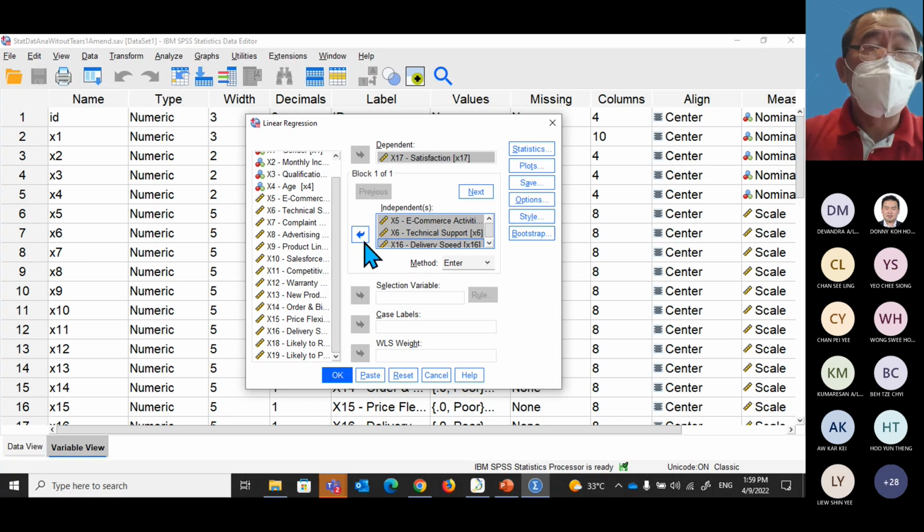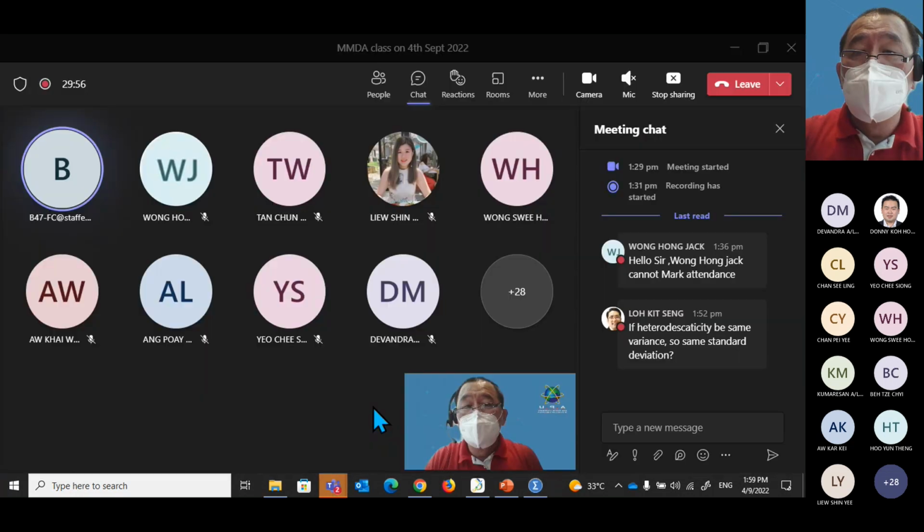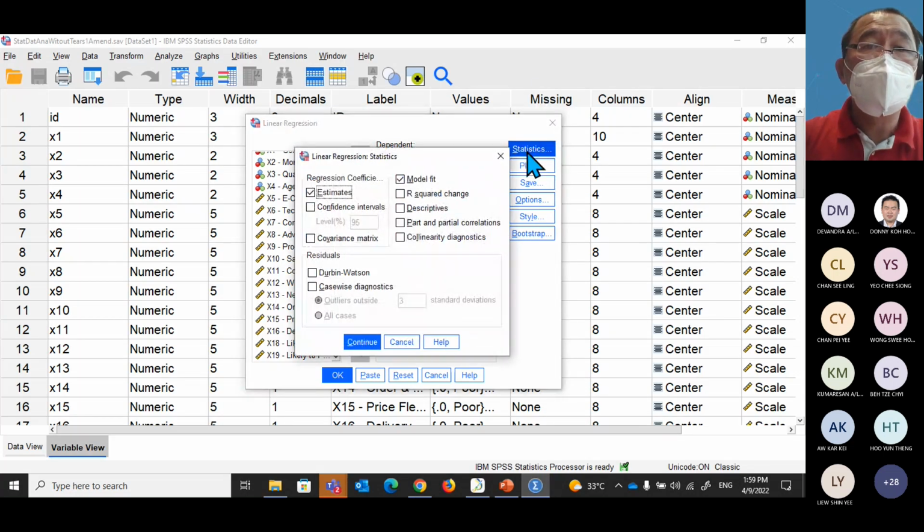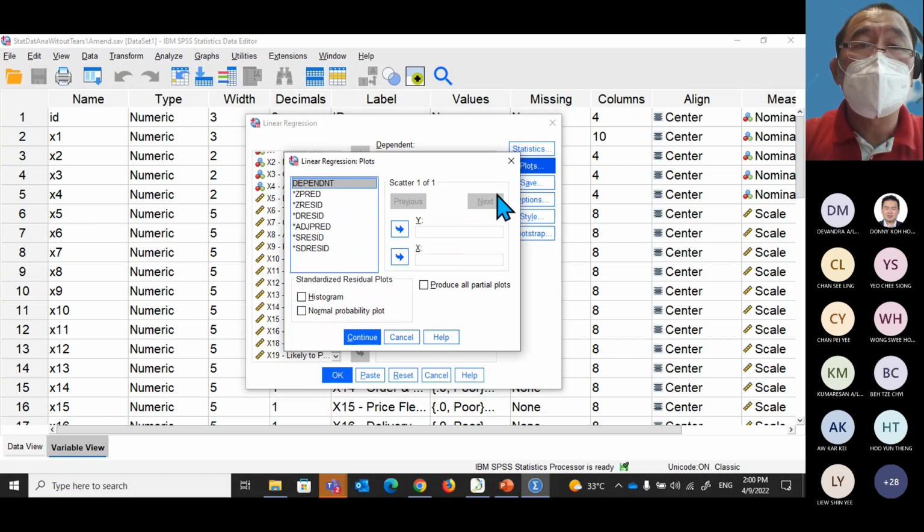If no question, now we go to plots. Here, we want the normal probability plot, and then produce all partial plots.